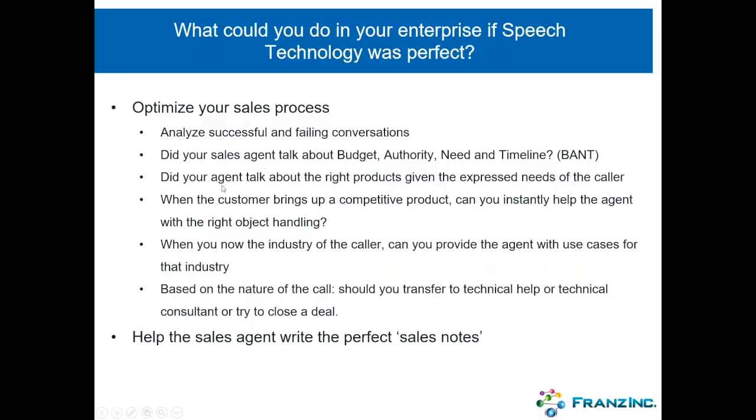Usually, in the sales agents that we look at working in call centers, you try to get to a concept called BANT, where you figure out if the sales agent talked about an available budget, whether the person you're talking to is someone that can make a decision, whether he expressed that he really wanted something, and whether he gave a timeline for when he wants to decide. Well, you want to know if that's in the conversation.